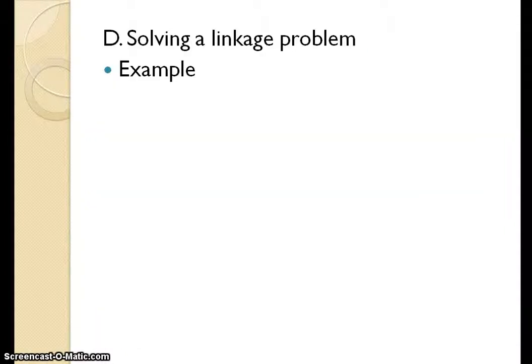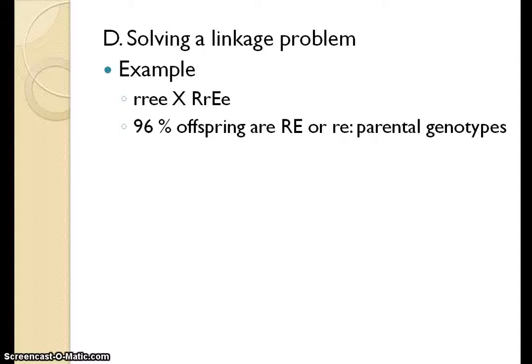Basically, we can use his standard to solve some problems involving linkage mapping. For example, if we do a cross where it's homozygous recessive for R and homozygous recessive for E, and we cross it with one that is heterozygous for both, we find that 96% of our offspring resemble one of the parents. So 96% of our offspring are parental.